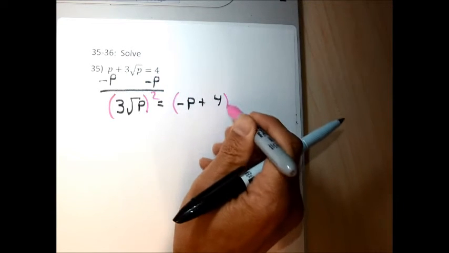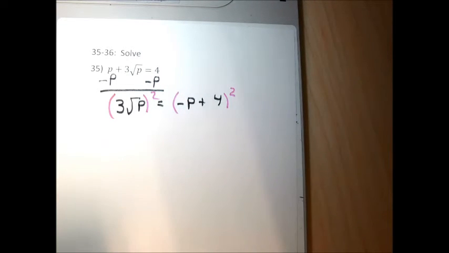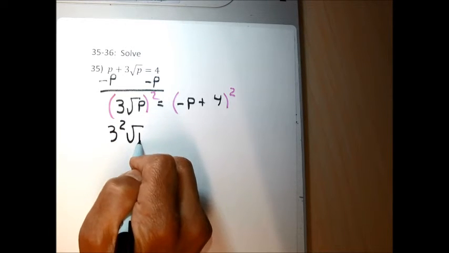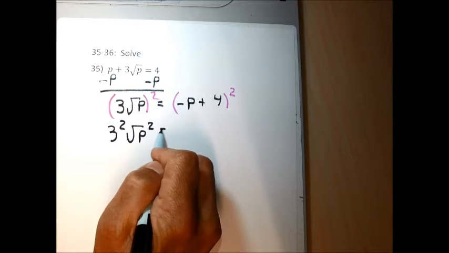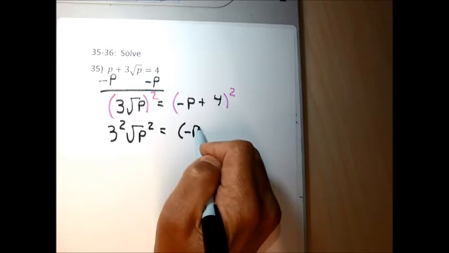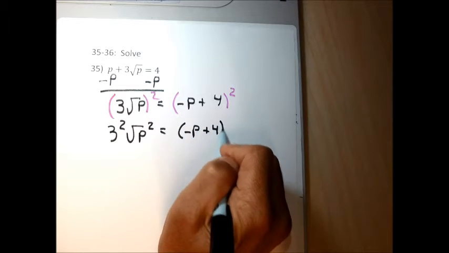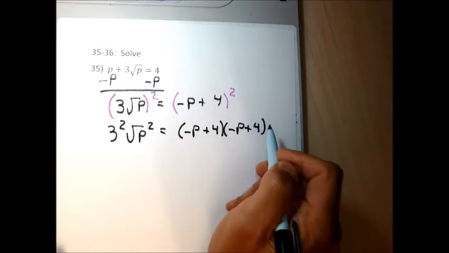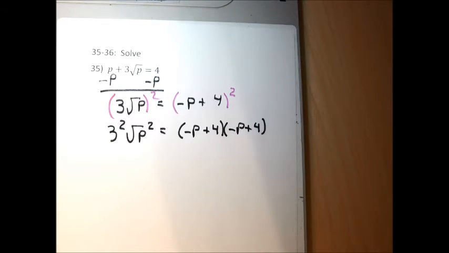I treat the sides differently because the left side doesn't have a plus between the 3 and the square root of p. Then I can just square each piece separately. So I'm going to square the 3 and square the square root of p. Because there's a plus sign between the minus p and the 4, I can't just square the minus p and square the positive 4. I have to FOIL on the right side.